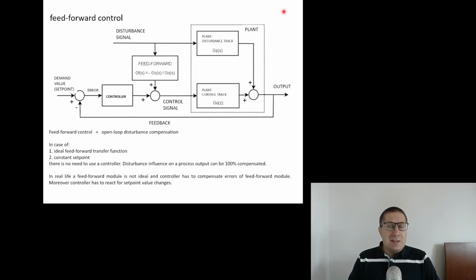Let us also assume that the transport delay on the disturbance track is 2 minutes. So if someone opens the window, I will see the temperature drop on my sensor after 2 minutes. After 2 minutes, the temperature will start to decrease and it will reach a new steady state after a while, related to process inertia.